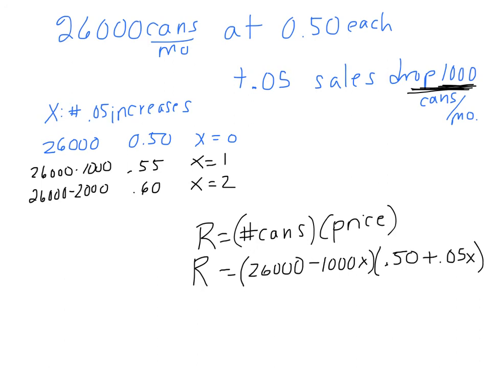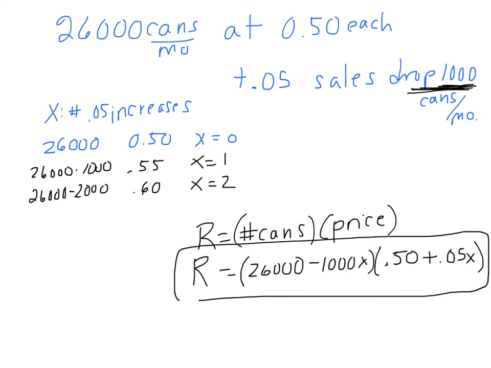All right, so since this is the revenue function, part B says, find a graph of R of x that clearly shows the maximum. So when you graph your window, you want to make sure that you see this parabola, you see a maximum value. And you're going to graph R versus x. When you read off of your graph, this x is the number of 5-cent increases.